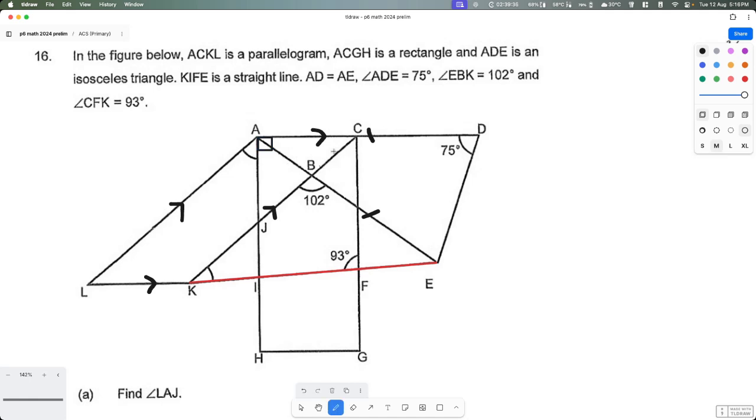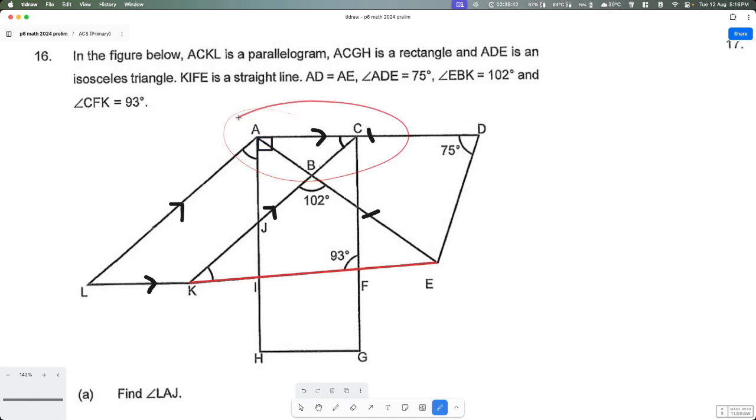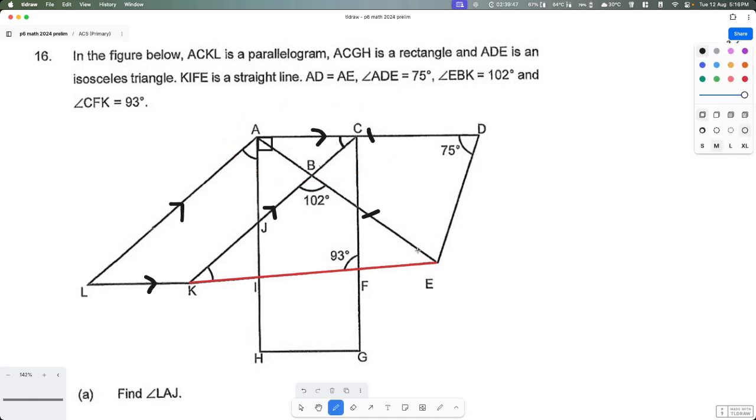We need to get this angle so that we can get this whole angle. So how do we get this angle? First, we know that this over here is 75 degrees. That means we will be able to get this angle, because once we get it, we know that this is also 102 degrees.